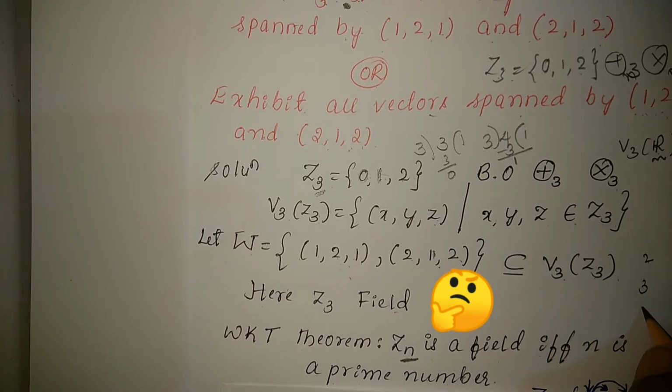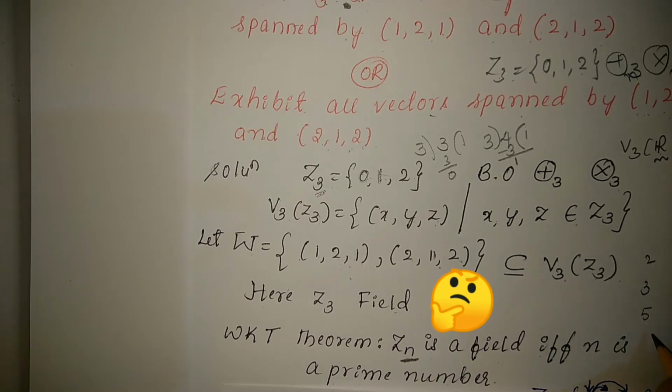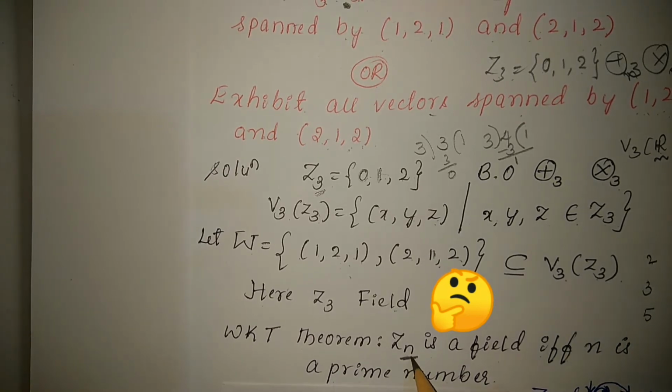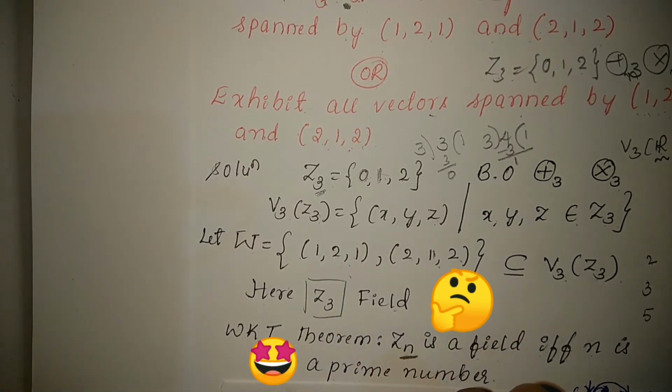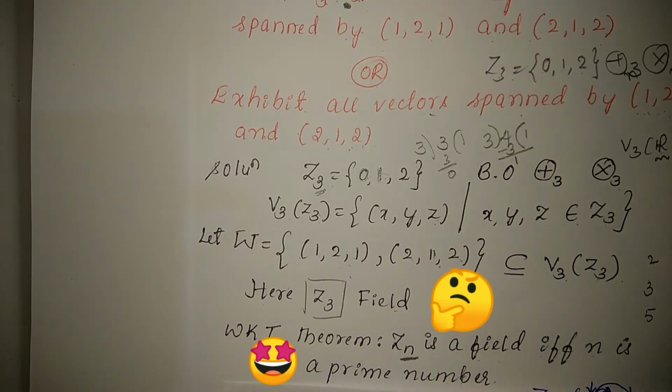A number which is divisible only by 1 and itself is called a prime number. If I take 5, that is also a prime number. So Zn becomes a field if n is a prime number. Therefore Z3 is a field. Is it clear? So Z3 is a field.